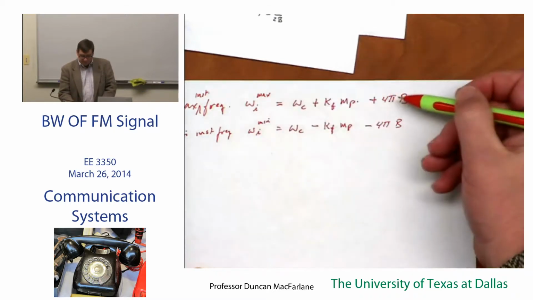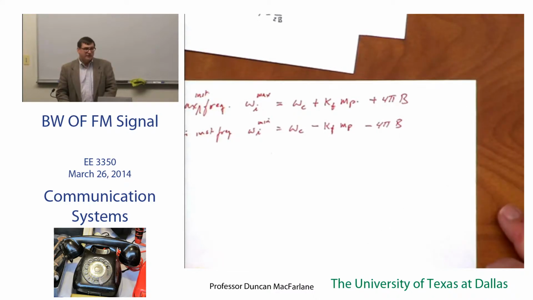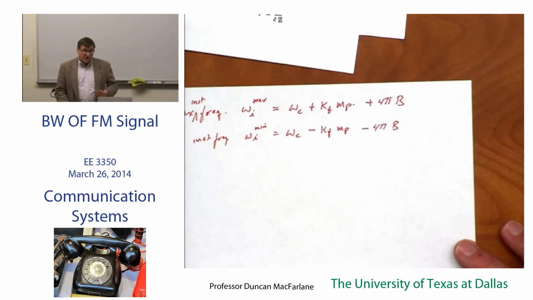Well, here's the maximum frequency excursion. Here's the minimum frequency excursion. And we got there primarily just by thinking about what the instantaneous frequency is doing with respect to M. And then remembering a little bit about our Fourier transform tricks.